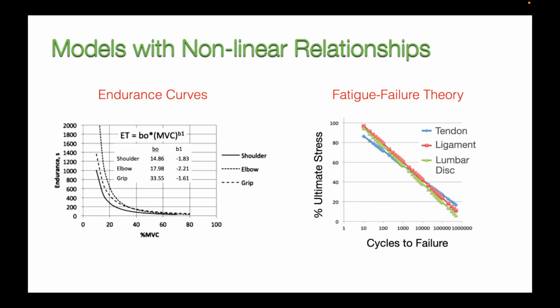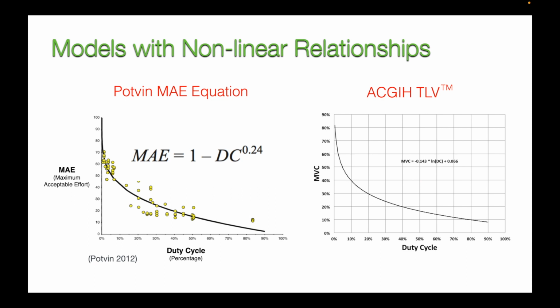Okay, models with nonlinear relationships, say the Rohmert endurance curves, the fatigue failure theory, the Potvin MAE equation, ACGIH TLV. I'm currently doing a lit review of 40-something tools to see which ones have a nonlinear relationship, but these are tools we definitely know.